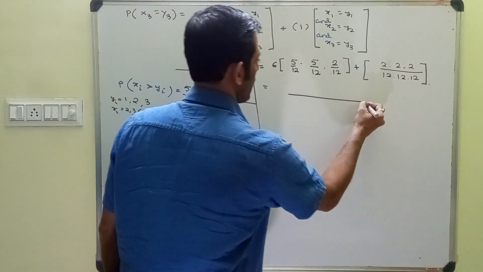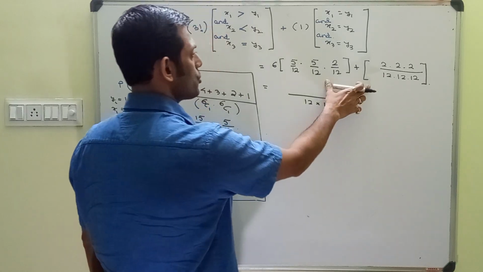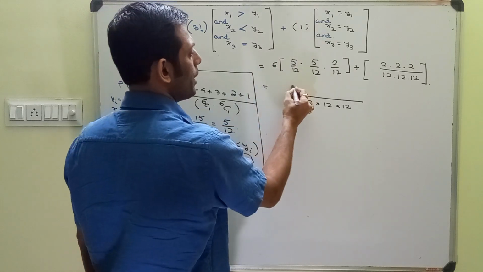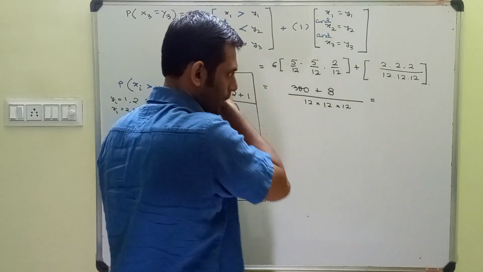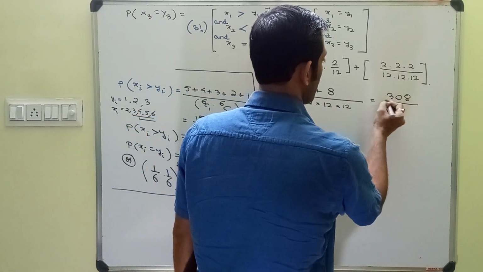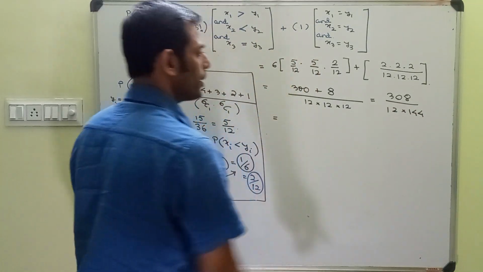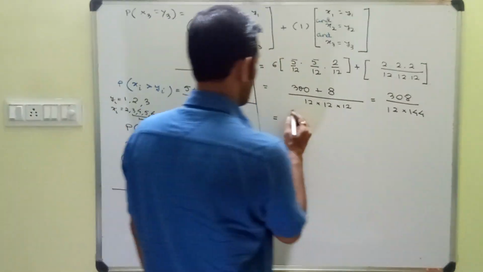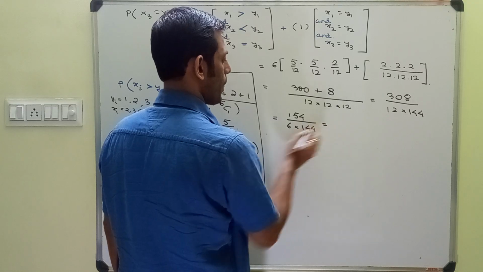So here what we have as a total score is 12 into 12 into 12 in the denominators, and then 25 into 6 is 150, into 2 is 300, plus 8. That means this is 308 by 12 into 144. If we reduce this, then what can we get? 154 by 6 into 144.